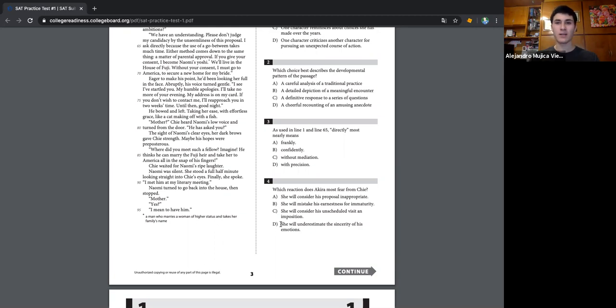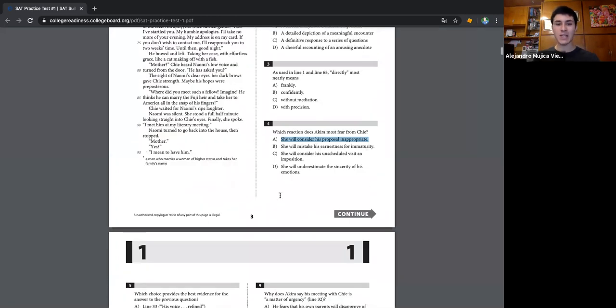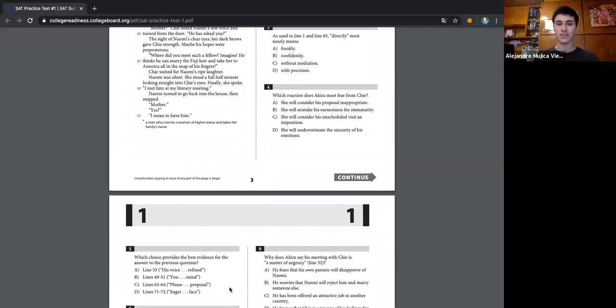But we know that he's making an effort to be sincere with his emotions, but we never see he's actually afraid of it. He's just being sincere naturally. We don't know if he's afraid of not being sincere or if he's just like that normally, but we don't see that in the text. So the correct answer here will be A, and using C as evidence. Does that make sense? Cool.